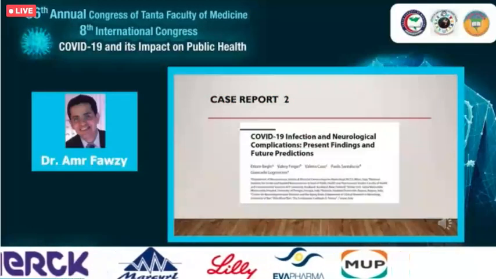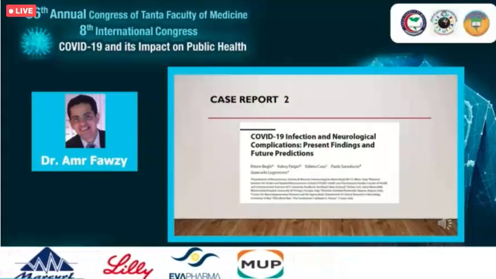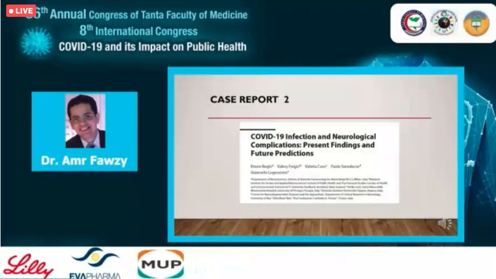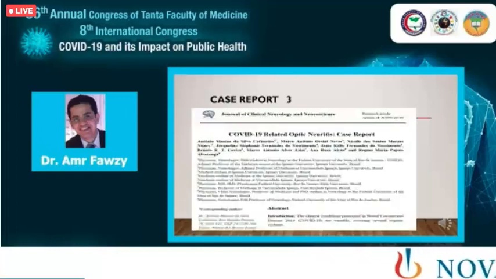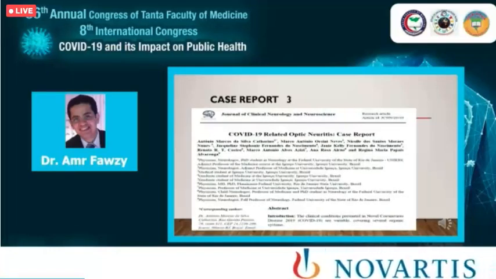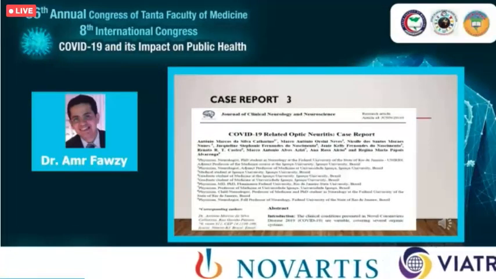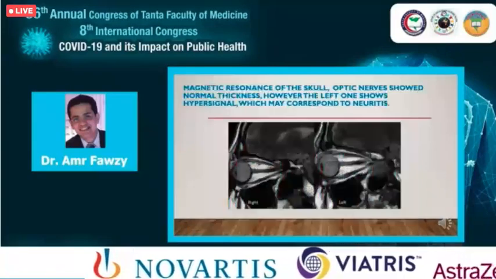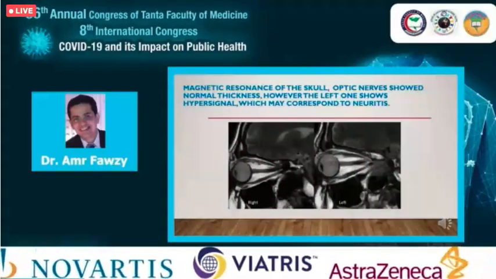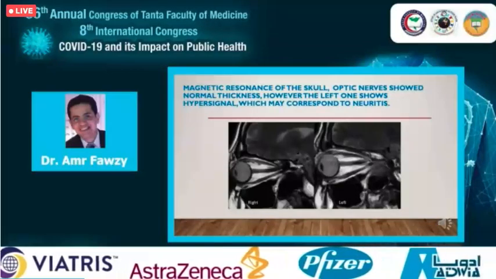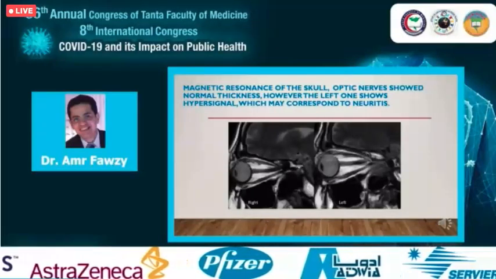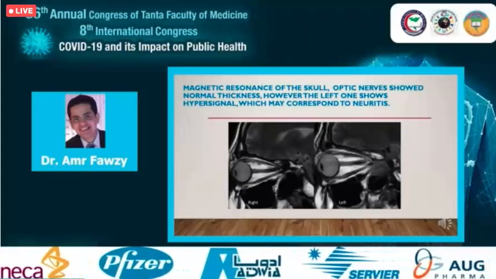This is another case report showing the effect of COVID-19 on the neurological system. Another case report of COVID-19 related optic neuritis, and this is the MRI showing here in the left eye a hyperintense signal, corresponding to the neuritis.